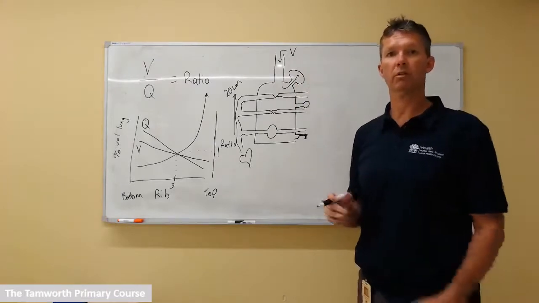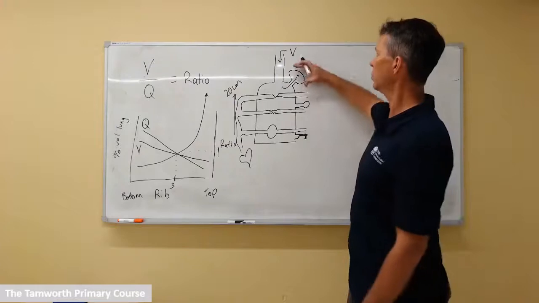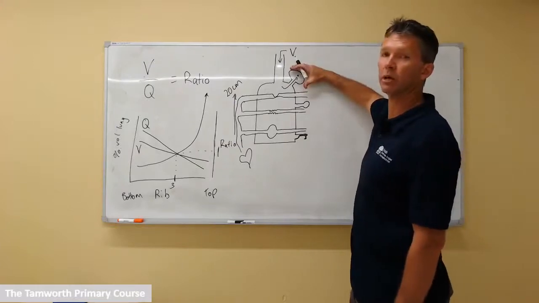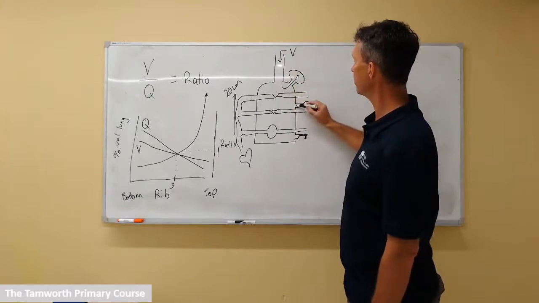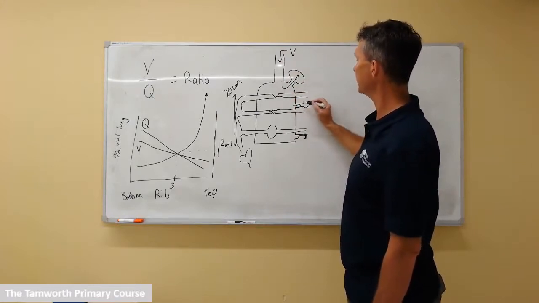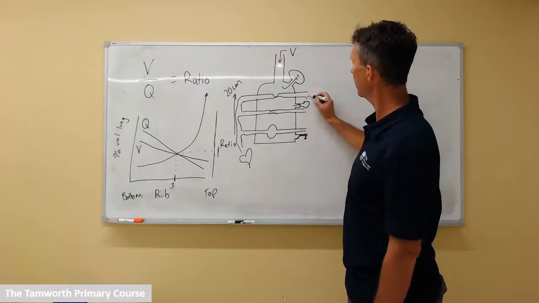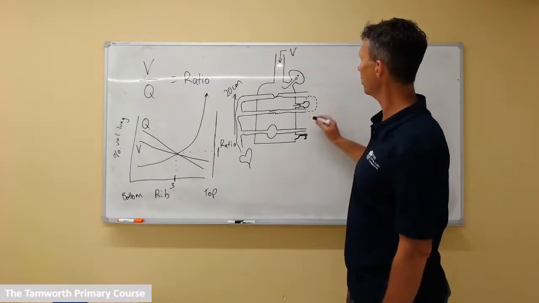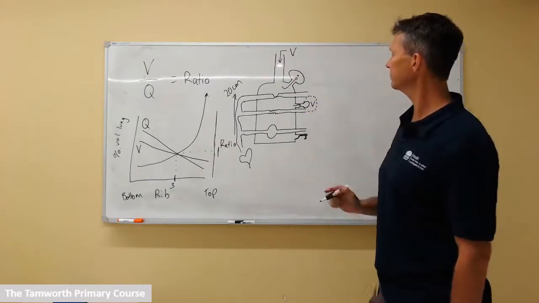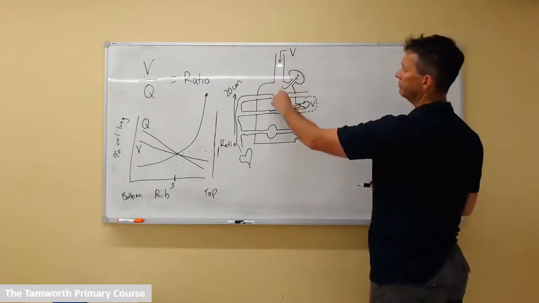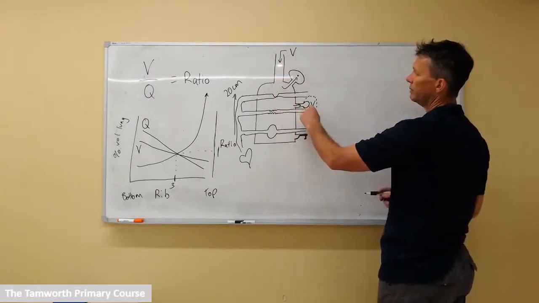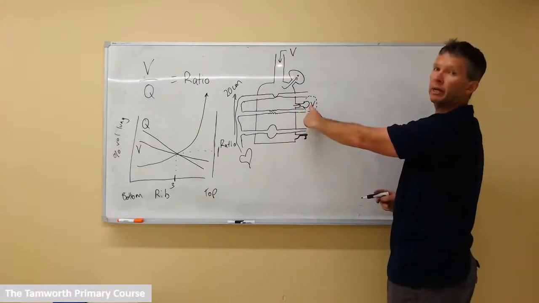There's not much volume left there. It's already got a lot of volume associated with it. So it'll continue on to this portion of the lung, and that ventilation will flow into here and increase the size of that alveolus towards this size.